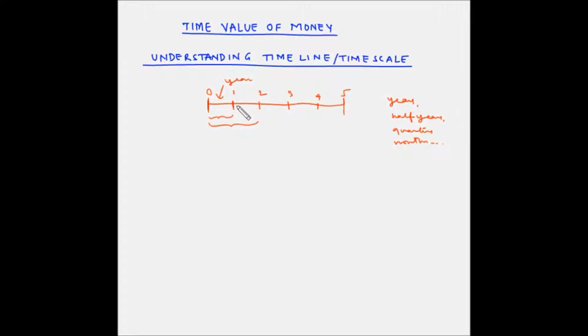The interval from 1 to 2 would be year 2, and so on. So basically each tick mark, that is this thing, this thing, this thing, and so on, represents the end of one period and beginning of the other. So this tick mark here represents the end of first period and the beginning of the second period.